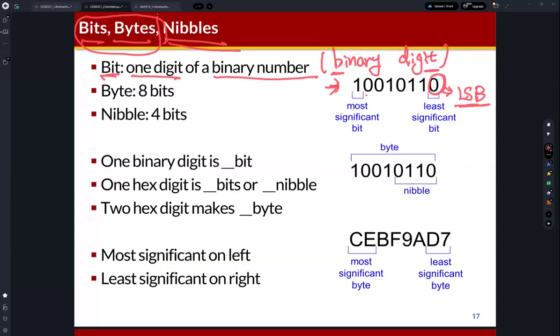If I mention the LSB of a number, it represents the last bit of the binary number.